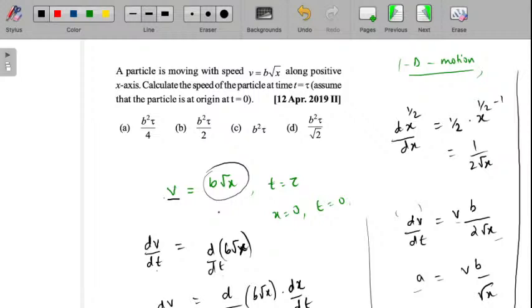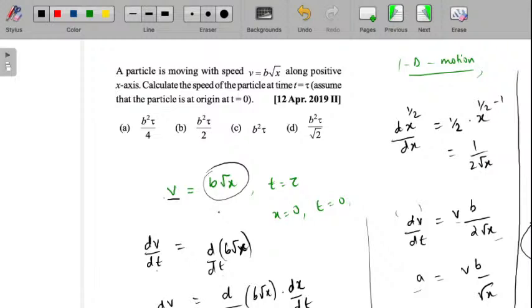Here, as you can note, dx by dt is b root x. I would like to find the value of x which depends on time that would give me this b root x in return. So this can be accomplished by finding the integral of this, dx by b root x equals dt. We'll see that in a moment.